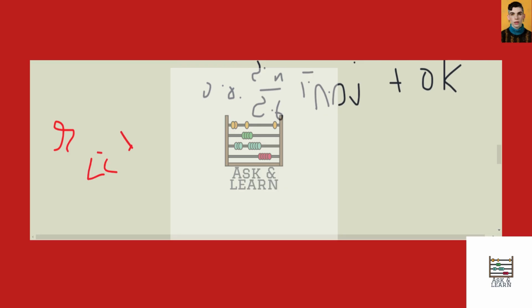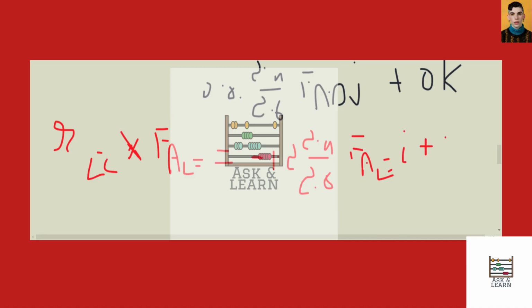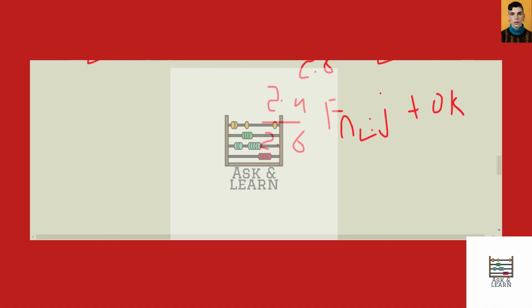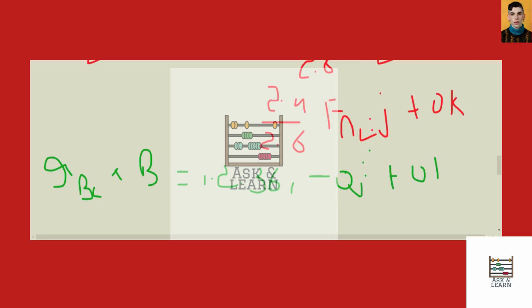So REC cross FAE will be equivalent to minus 1.2 into 2.4 upon 2.8 FAE i plus 0.8 into 2.4 upon 2.8 FAE j plus 0k, and the cross product of the last term, that is RBC cross B, will give the answer 1.2 into 3.6 i minus 0j plus 0k.